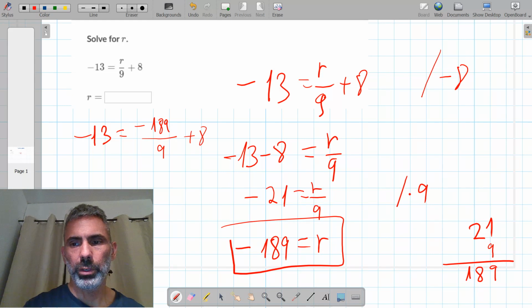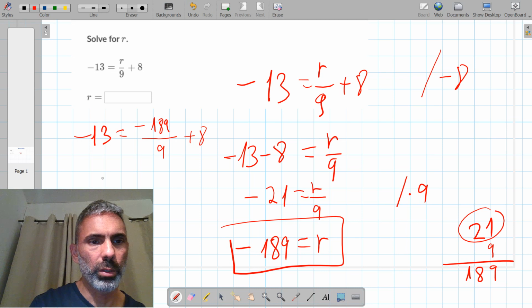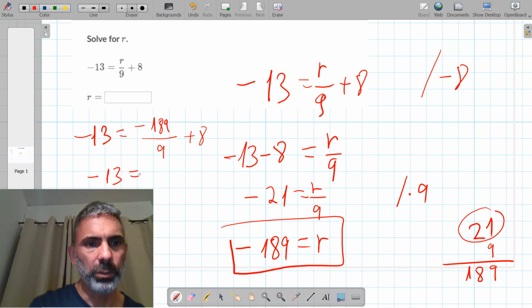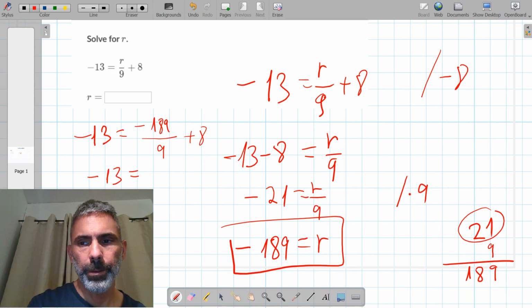We know that 189 divided by 9 is 21, because here we did 21 times 9 is 189. So minus 13 equals minus 21 plus 8, because it's negative 189 divided by 9.